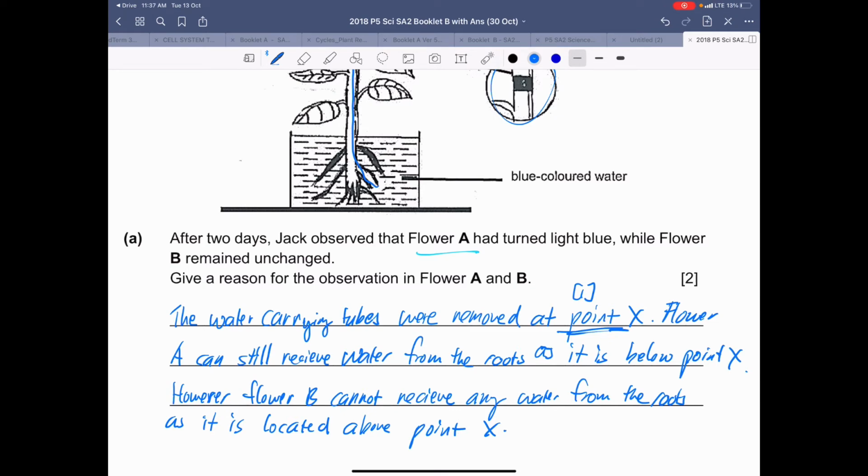So if it's above, obviously no more water carrying tubes, so it is not able to receive it. But you must justify why. By telling me the location is above point X, you justify already. Right? So that's how clear you need to be.